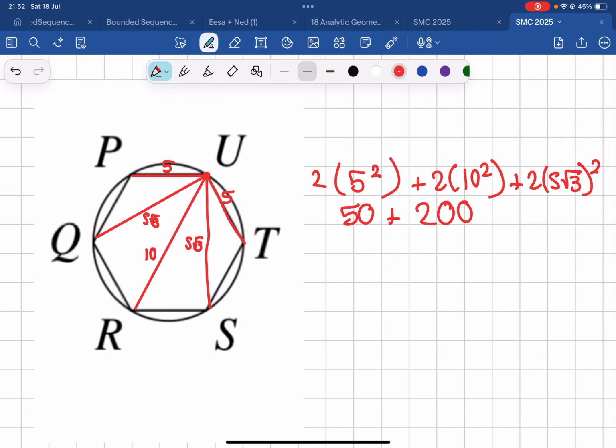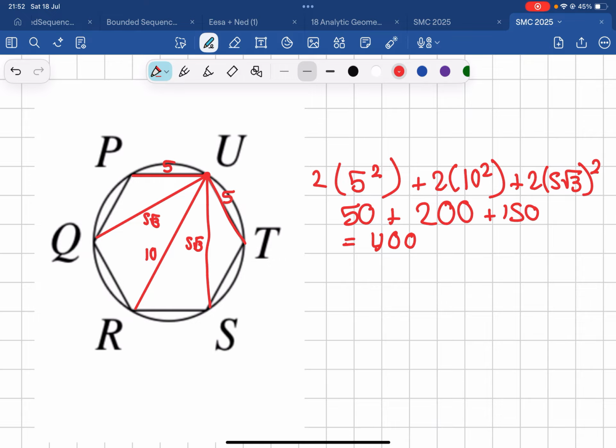And then 2 times (5 root 3) squared, well, that is 25 times 3, 75, so 150. 50 plus 200 plus 150 equals 400.